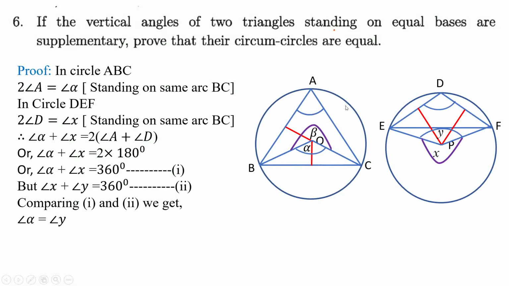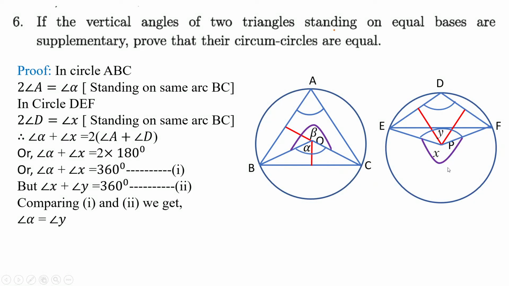And angle A and angle D are supplementary to each other. That's why the sum of these two angles is equal to 180 degrees, and twice that is 360. Now we get alpha plus X equal to 360 degrees from adding these two. But we can see that X and Y together make the complete angle.